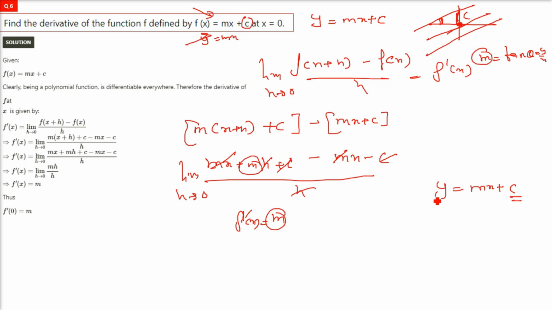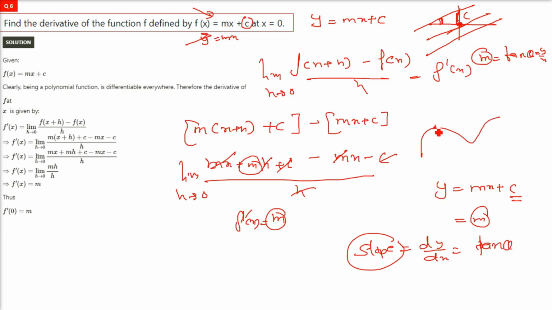So this differentiation should come as m, and that is what we have got. So at x equal to 0, it will remain as m. Why? Because there is no x. Because slope is dy by dx, which is m, which is tan theta, which is, you can say in a nutshell, the idea or the crux or the theory of differentiation.